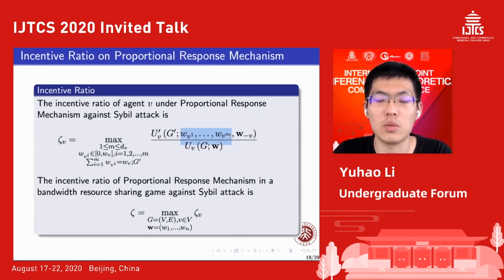So the incentive ratio of the proportional response mechanism is defined as the maximal factor of the strategic utility over the truthful utility. We want to show that the incentive of any agent is limited under the Sybil attack. That is, the incentive ratio of this mechanism under the Sybil attack is bounded by a constant.